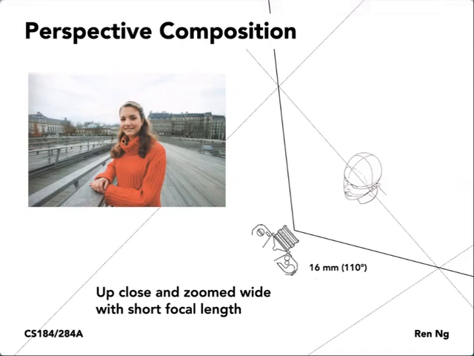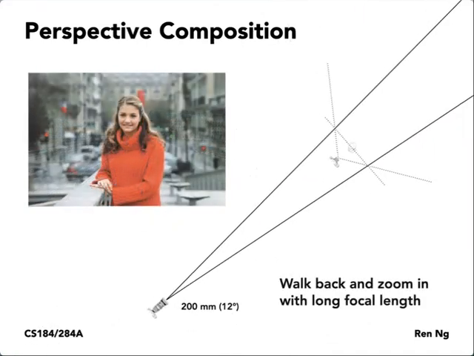Now, in contrast, if we go to the other picture, that was the longest focal length, 200 millimeter. The angular field of view, it turns out, is much narrower. It's 12 degrees, if you want to know, for a full frame style camera.